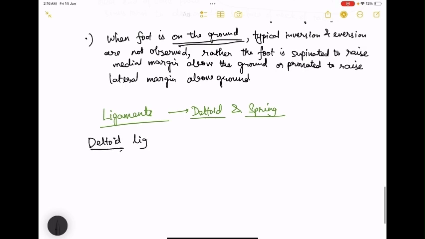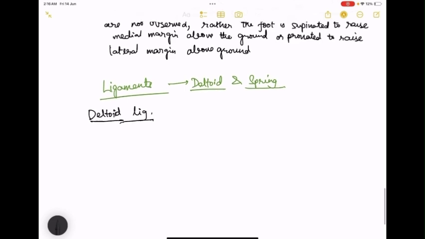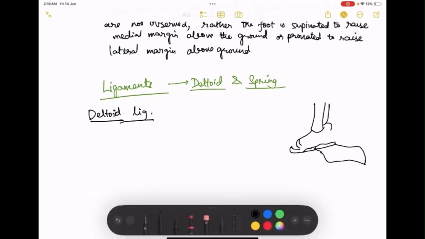Wonderful ligament, the deltoid ligament. So let's draw the diagram. This is the tibia, basically. This is the malleolus, you can understand. Let's go over to the green color, the universal color for all tendons and ligaments.